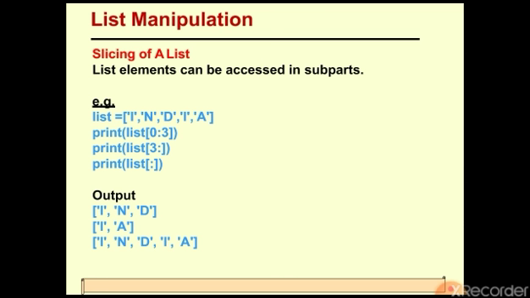In this case, we have specified only one value in the list slice, and this is the start value. List 3 then colon, then blank, means we are going to start from the third index, and since we haven't specified any end value, we will start from the third index element and go on to cover all the remaining elements of this list.